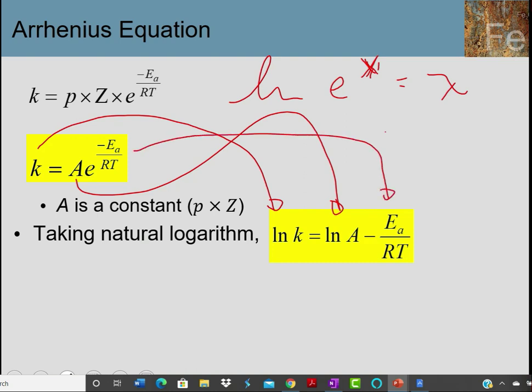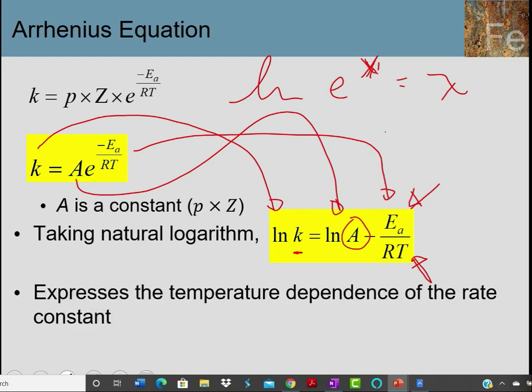So this is an expression that relates my k value to my three things. One, my activation energy. Two, my temperature, but also this A, which is temperature independent, and we're not going to worry about in this case at all.